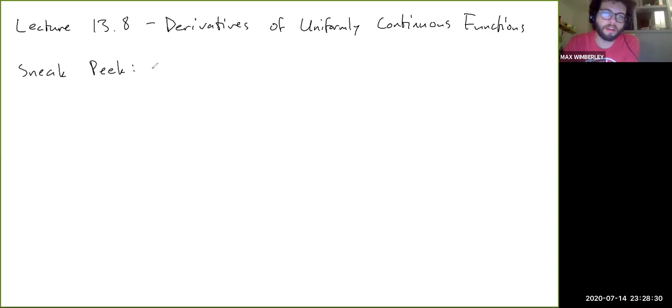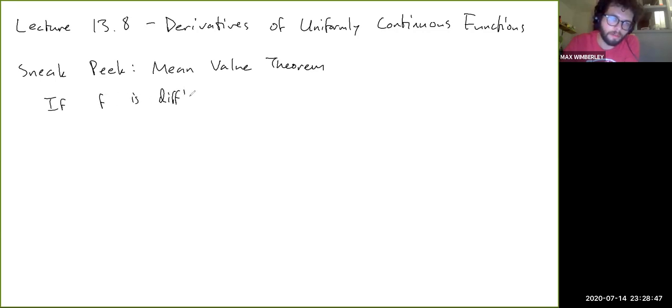And this is also a sneak peek at the mean value theorem, which says that if f is differentiable on (a, b), roughly speaking... I might make a tiny mistake when I'm stating it, but it doesn't really matter right now.